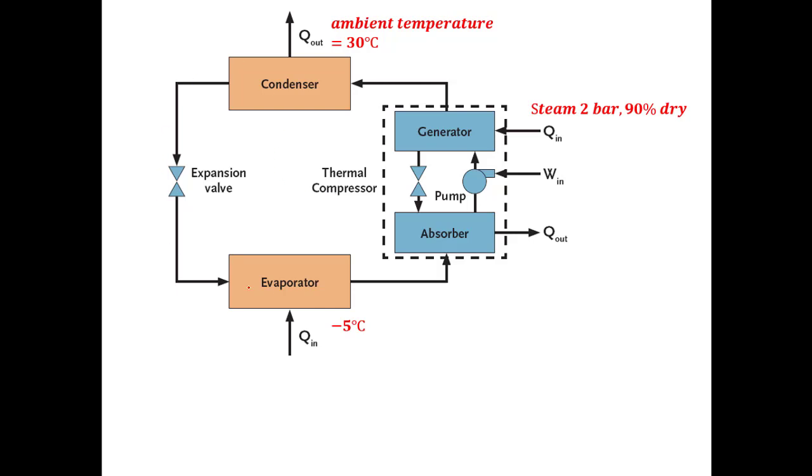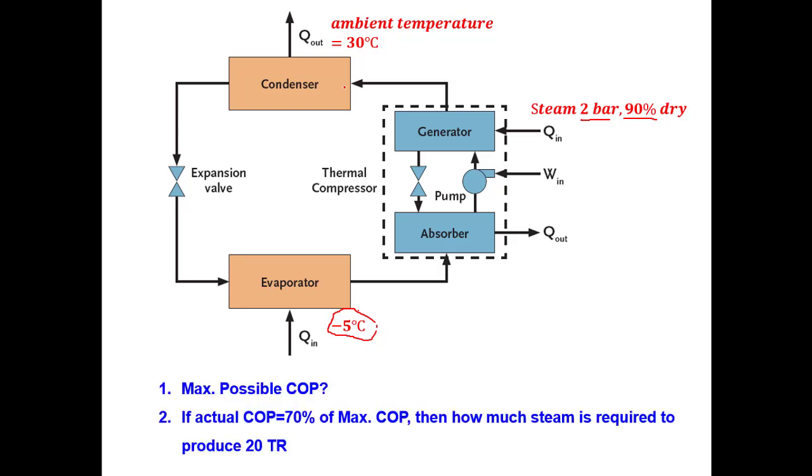Now this is the schematic of the vapor absorption cycle. What we are given: we need to maintain the temperature in the evaporator at minus 5 degrees centigrade, and the source of heat in the generator is condensing steam which is available at 2 bar, 90% dry, whereas the ambient temperature is 30 degrees C. Based on this data, we need to figure out the maximum possible COP of this cycle.